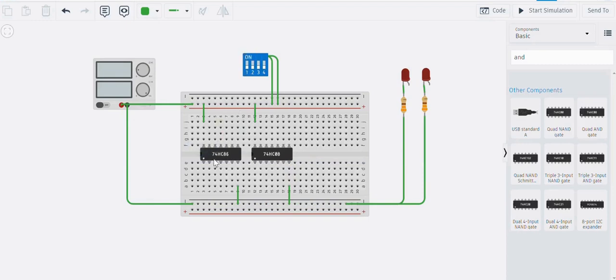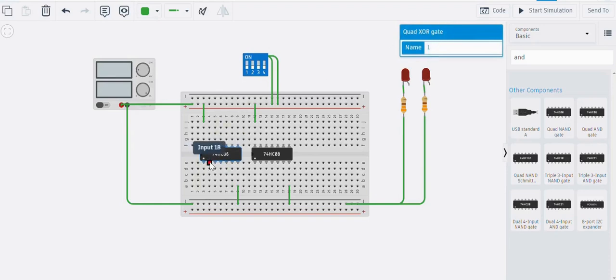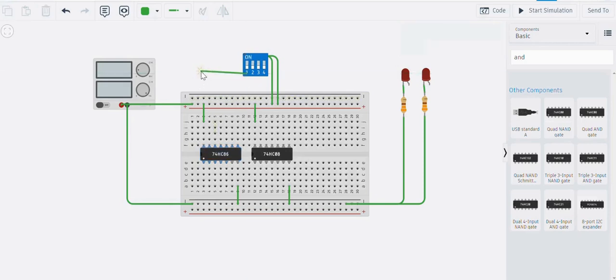And now we need to take input here. So for the XOR gate, you can see the name appearing here. There are two inputs, A and B, and from this pin we will get the output of XOR. So we connect here the two inputs.